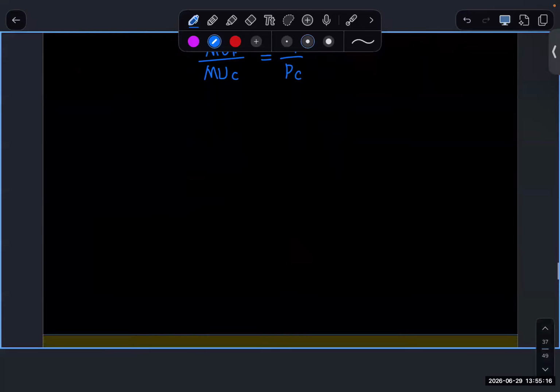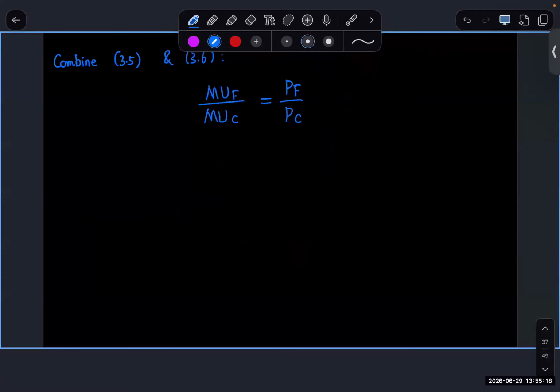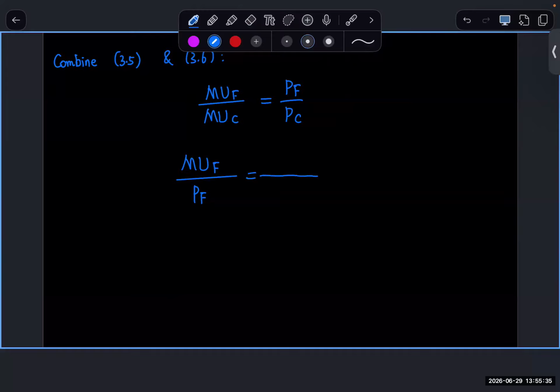And then if we rearrange it, dividing both sides, we're gonna have MUF over PF, the marginal utility from food over the price of food, equal MUC over PC. Do you know how to get this?